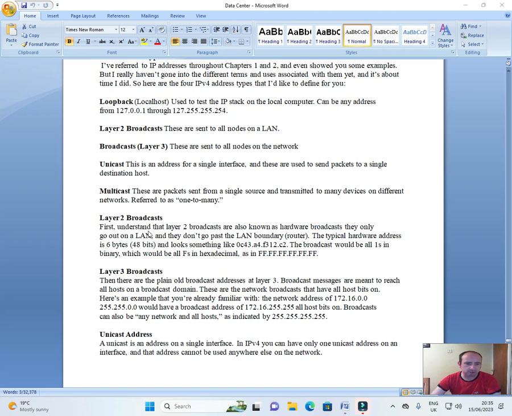Layer 2 broadcasts. First, understand that Layer 2 broadcasts are also known as hardware broadcasts. They only go out on a LAN and they don't go past the LAN boundary router. The typical hardware address is 6 bytes, 48 bits, and looks something like 0C:43:A4:F3:12:C2.